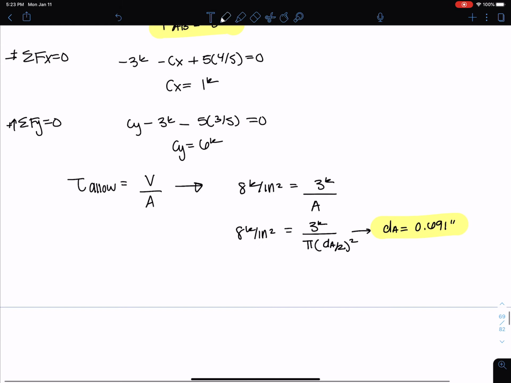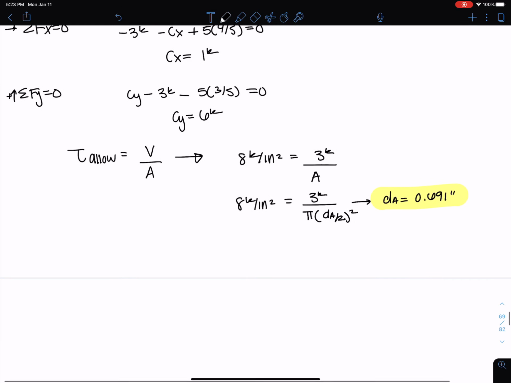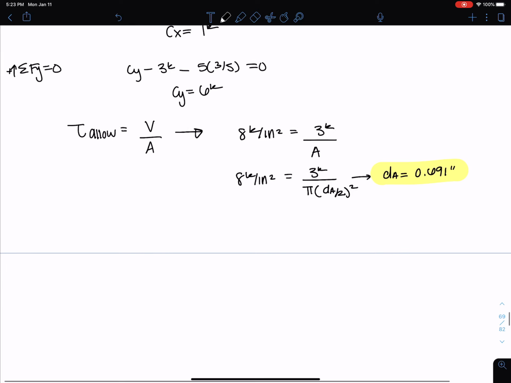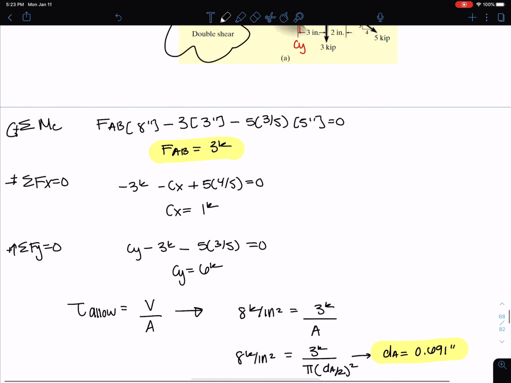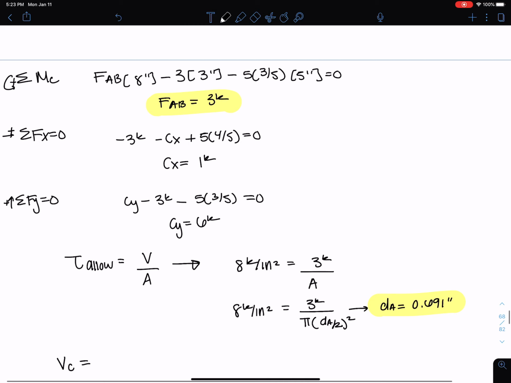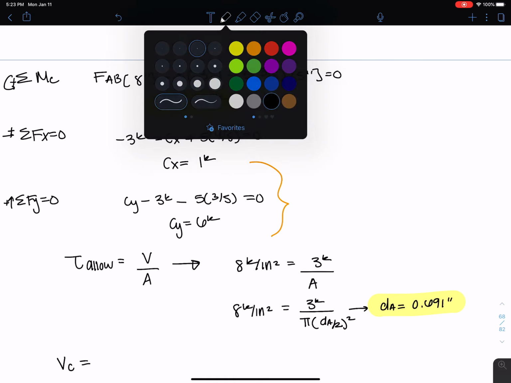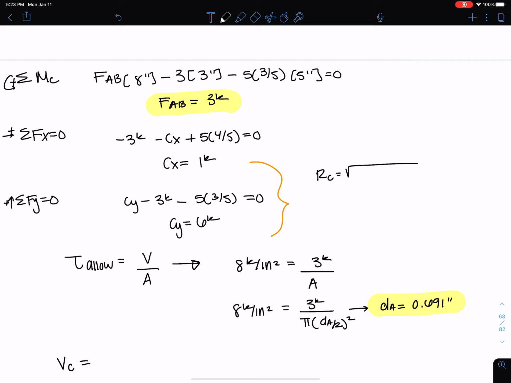That's dA. Okay. Now I'm going to do the same thing for pin C, except it's double shear. So at C, my shear is going to have to be the resultant of these two. The resultant at C is equal to the square root of 1 squared plus 6 squared. So I end up getting 6.083 kips.